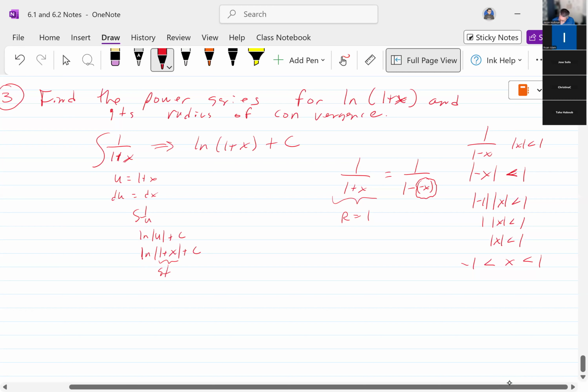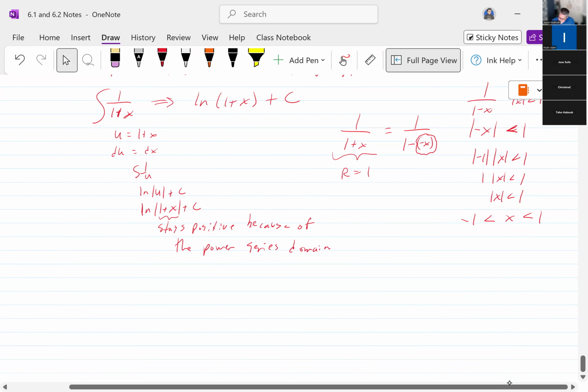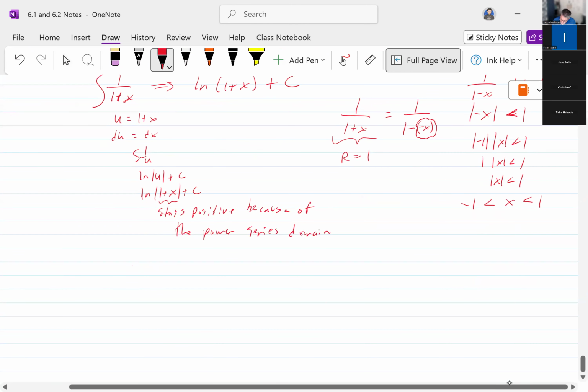So this stays positive because of the domain. So what is this telling me? It's telling me that if I were to integrate 1 over 1 plus x dx, then what I should end up with is my natural log of 1 plus x, in parentheses.